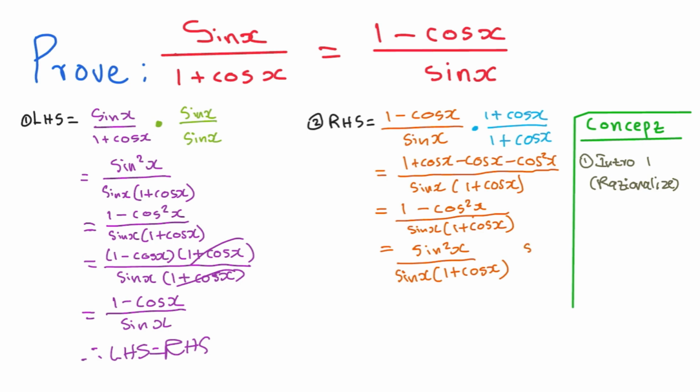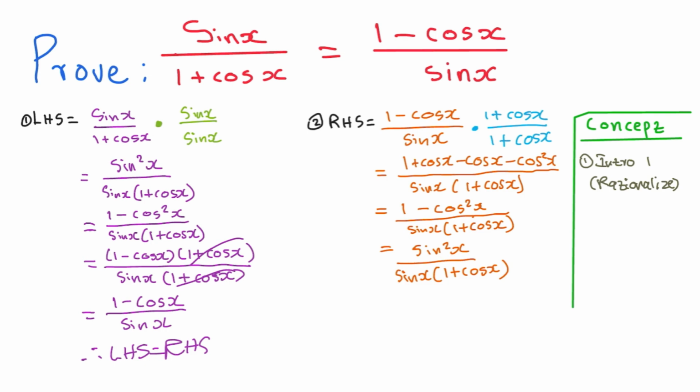So we know that when you have sine squared x, this is the same as sine x times sine x. One of the sine x's will cancel this one. You're going to be left with 1 in your numerator. When you have sine squared x, it means you have sine x times sine x. The exponent tells you how many times the base multiplies itself, right? So this squared here tells you how many sine x's are there multiplying each other.